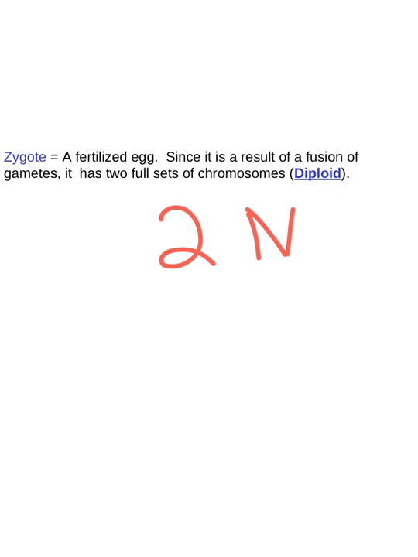Now, here's the deal. If sperm and egg were diploid, sperm would carry 46 chromosomes, egg carrying 46 chromosomes, you'd end up with 92 chromosomes in a zygote, and that's not going to work.